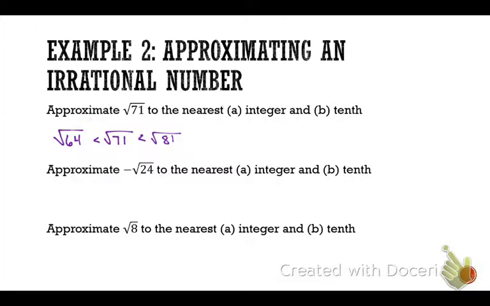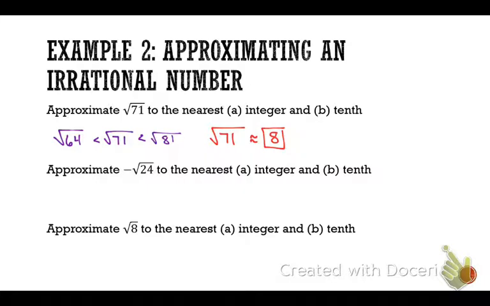So because 71 is closer to 64, I'm going to say the square root of 71 is approximately, and what did you say was the square root of 64? 8. Without a calculator, without anything. Because that was the closest perfect square. It's 8.